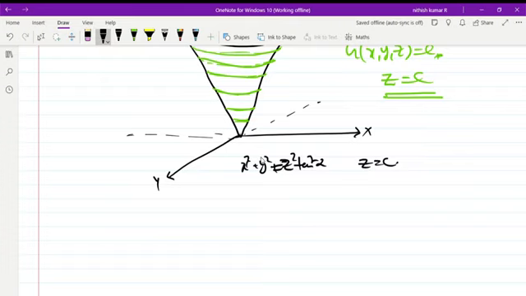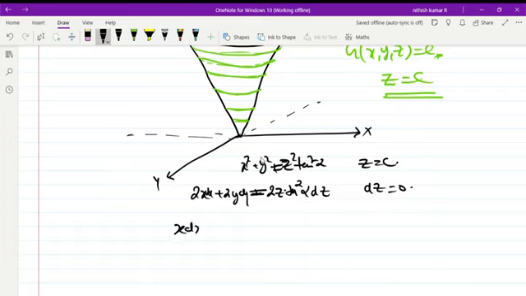Just differentiate it. So differentiating, it is 2x dx plus 2y dy equal to 2z tan square alpha dz, and differentiating the other, it is dz equal to 0. So using this, 2 is common, so we can cancel.